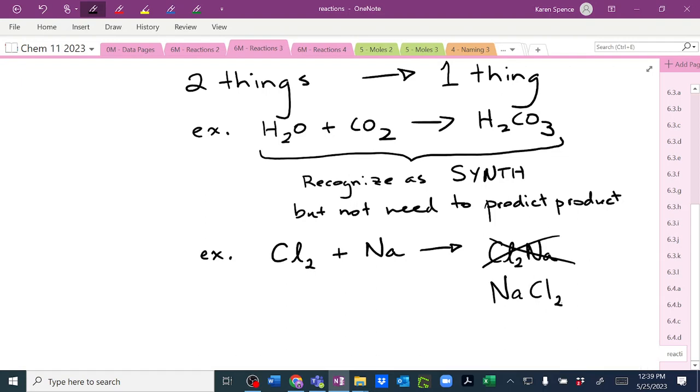Because the charges don't balance, right? Na is plus, Cl is minus, and so we would have to have it be NaCl. So that's just a flavor of what we're going to be looking at. When we're predicting products, we're always looking to predict the actual correct formula, not just some random smashing together of letters, okay?